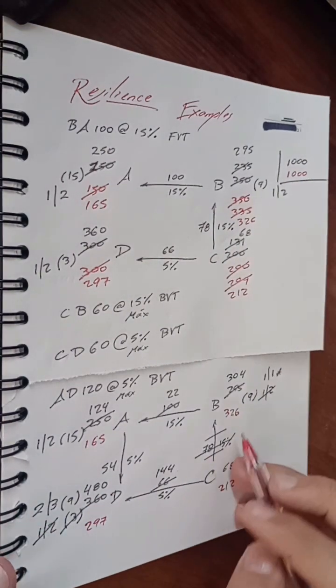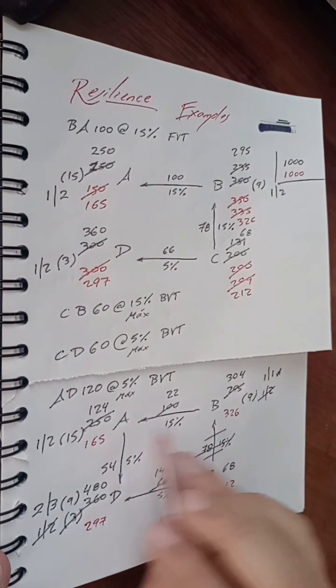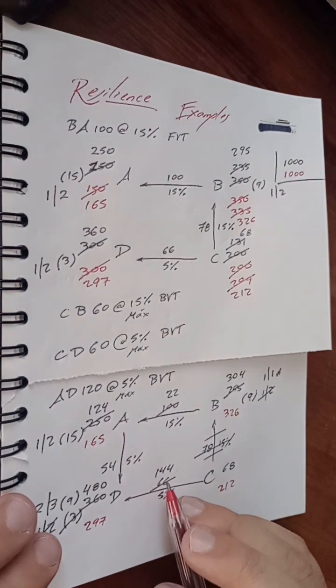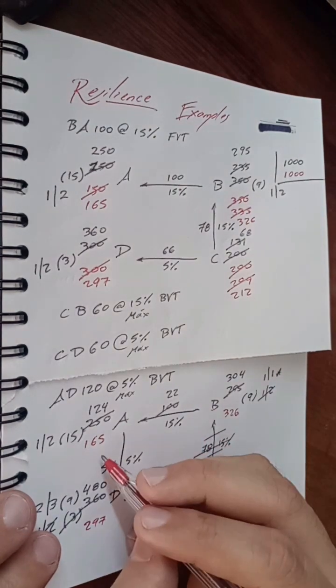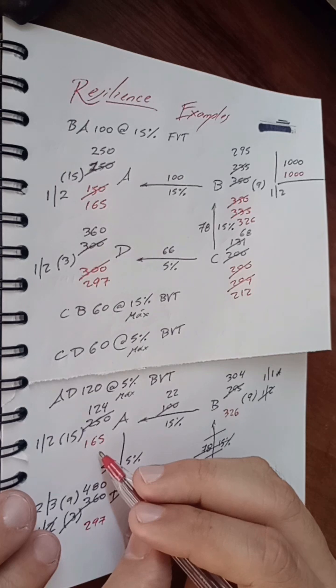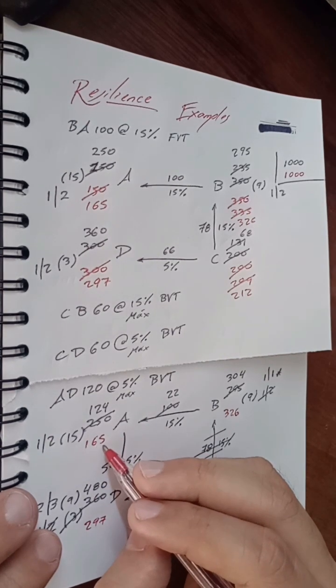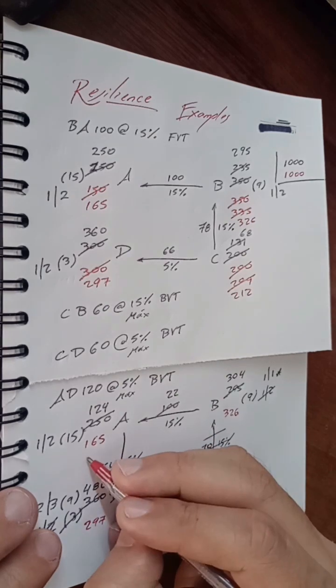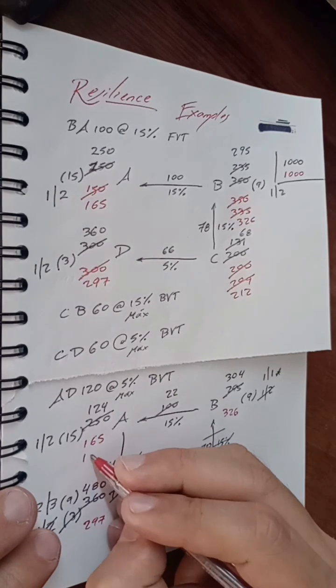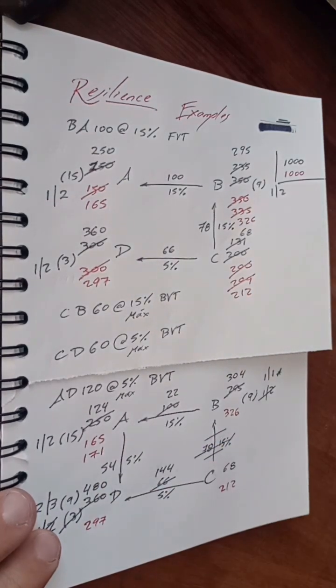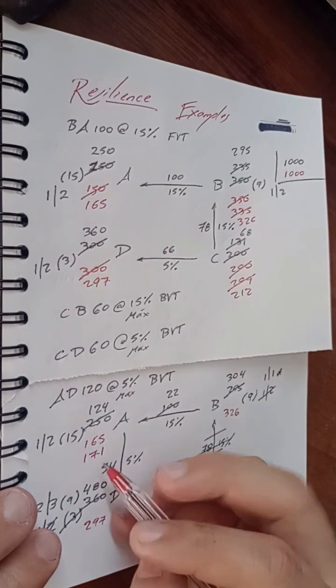Now, if we calculate the network value for all of them, this would give us, in this case, 165 plus 6, so it would give us 171. Let's see. Yes, 170.